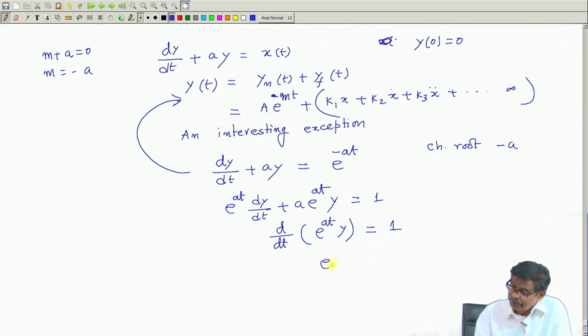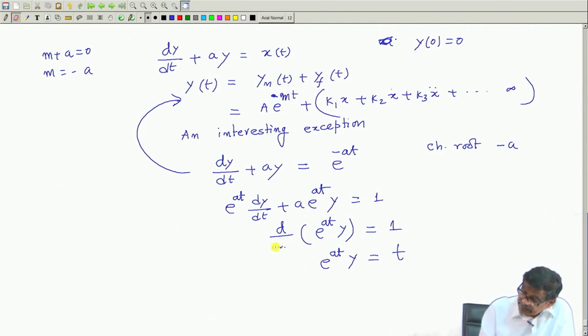So, what will be e to the power at into y? It will be t, because if you differentiate t you get 1. Integrate both sides, take dt to that side, is it not? That is, I have taken this dt to that side and integrated.